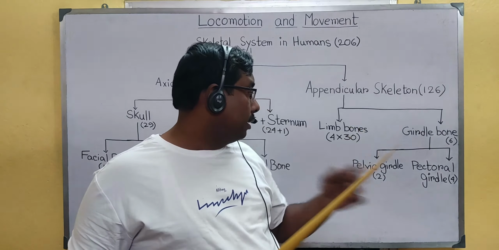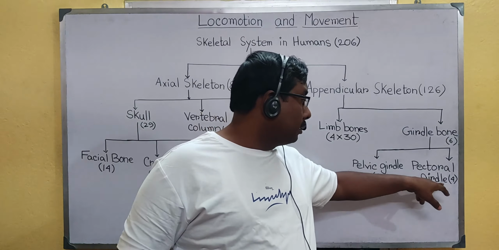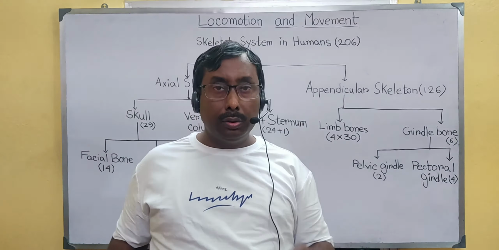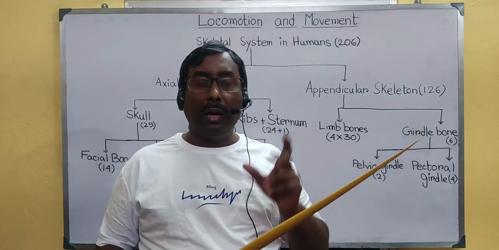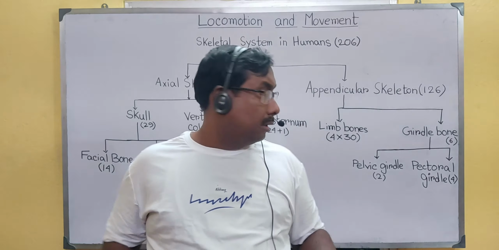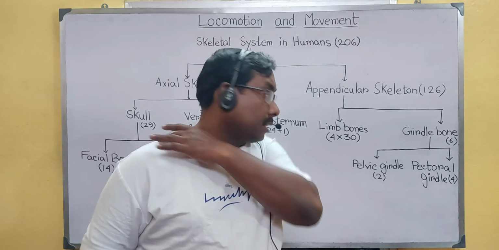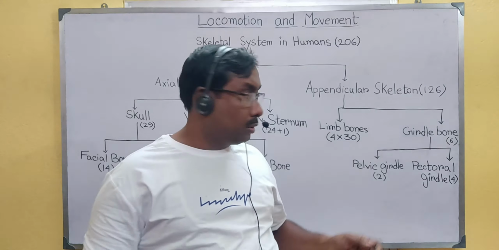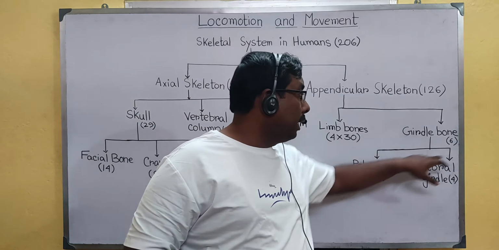The pelvic girdle has 2 bones, and the pectoral girdle contains 4 bones. The pelvic girdle actually contains 3 bones: ilium, ischium, pubis, but later on they fuse to form 2 bones. In a single pelvic girdle there are 2 bones, and in the pectoral girdle, the clavicle and the scapula in both the girdles in pairs, so 4 bones. So girdle bones are 6, pelvic 2 and pectoral girdle 4, 4 and 2, 6.